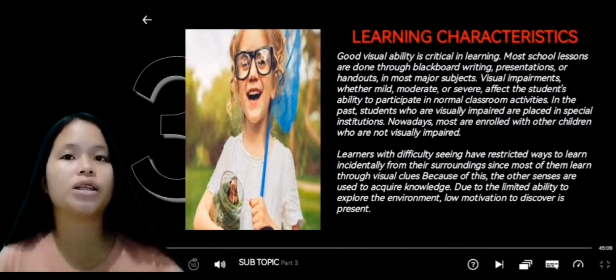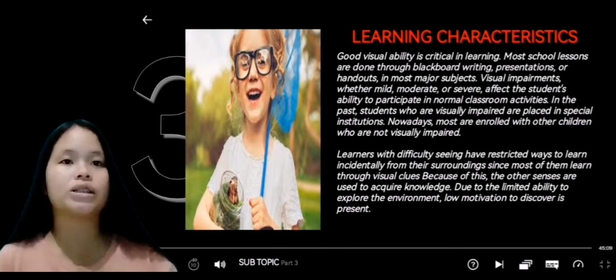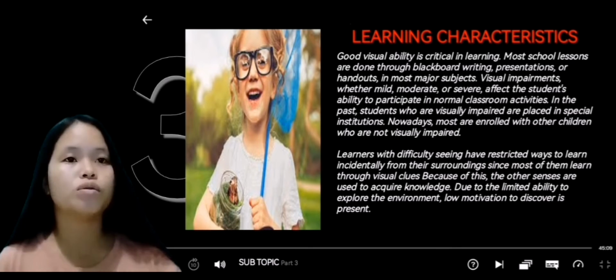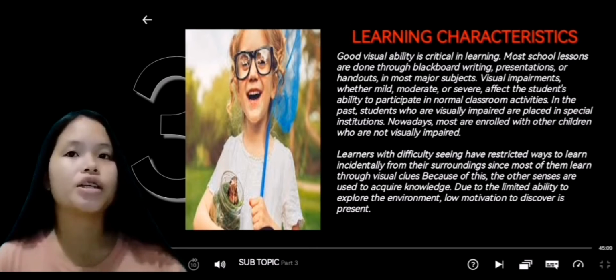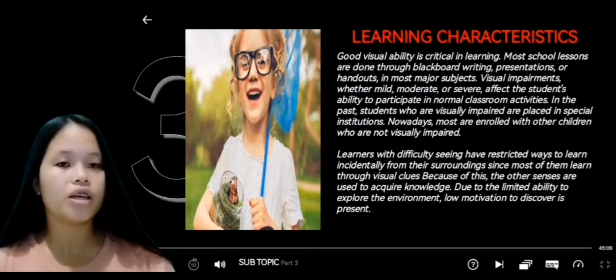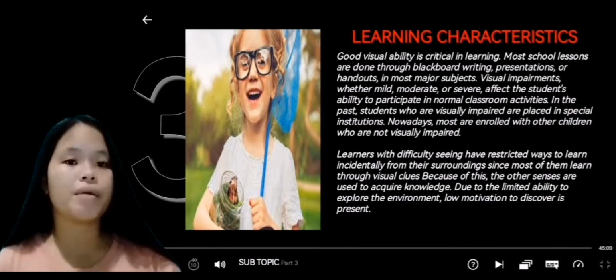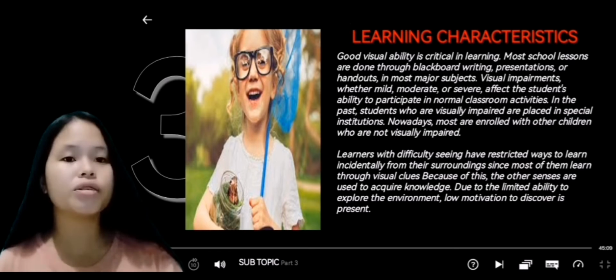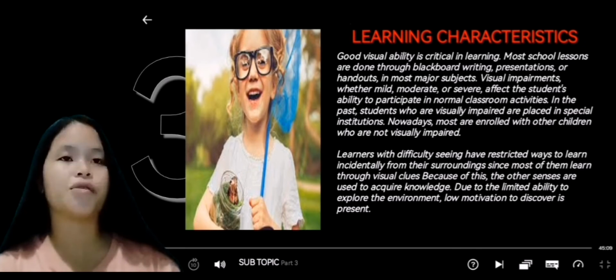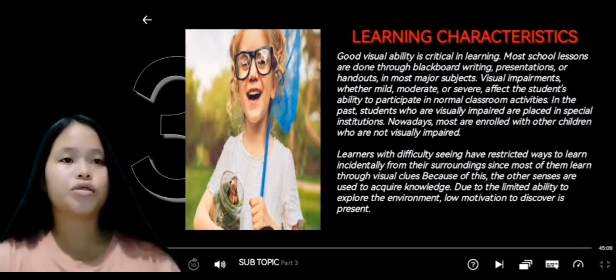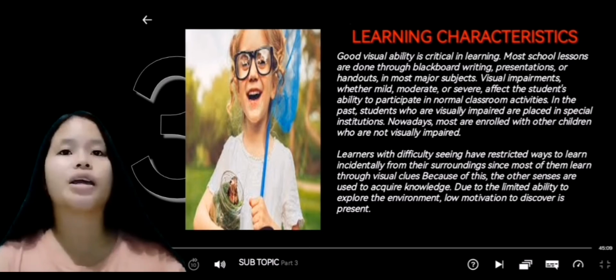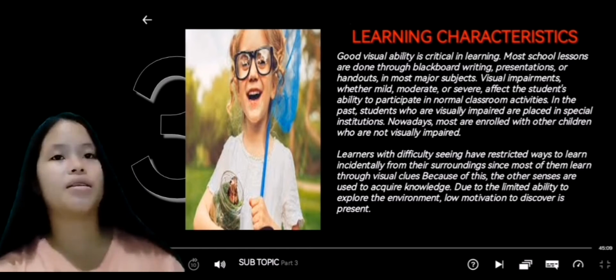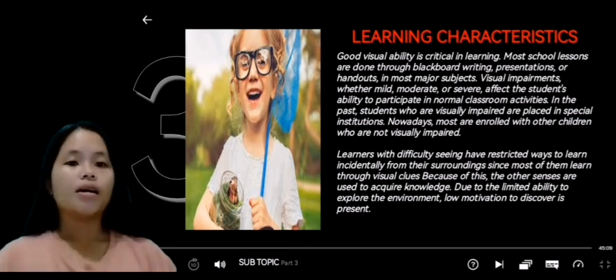To underline, the legal and medical classification may be less important than what the students can do in the classroom. The three standard educational classifications of vision impairment are moderate, severe, and profound. The degree to which a student needs special education modifications in order to learn is indicated by these classifications.